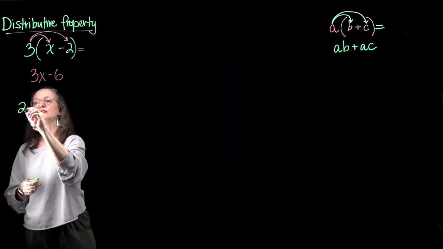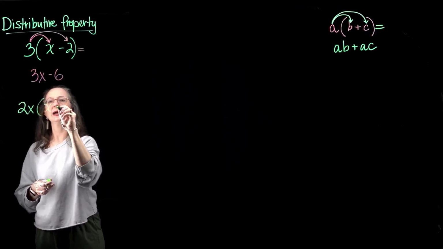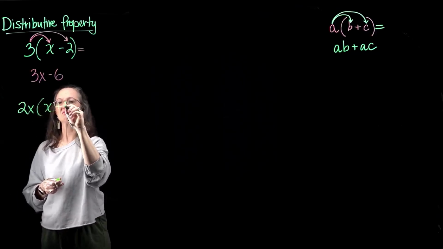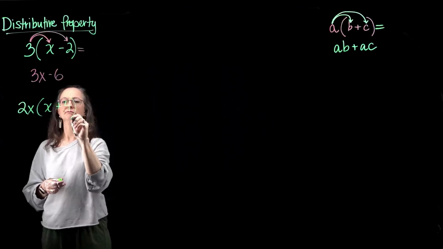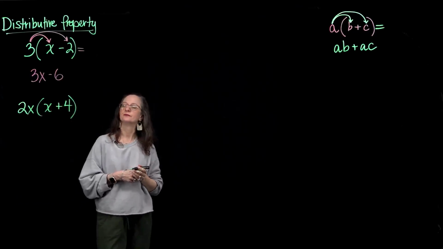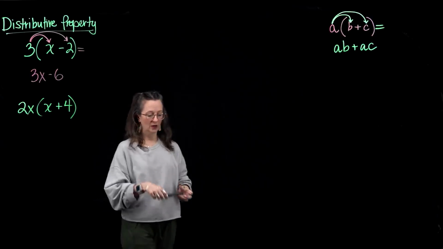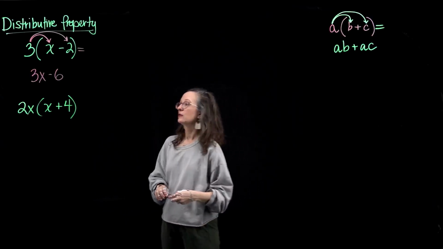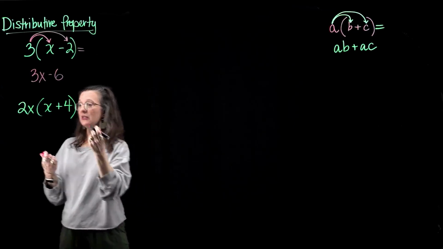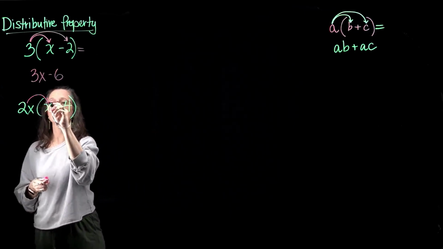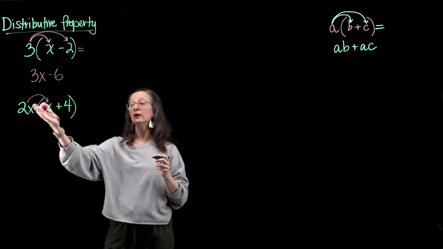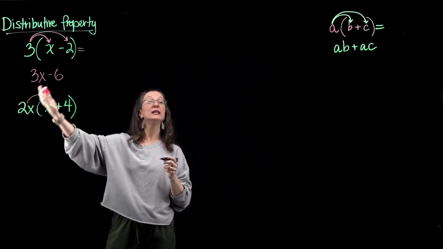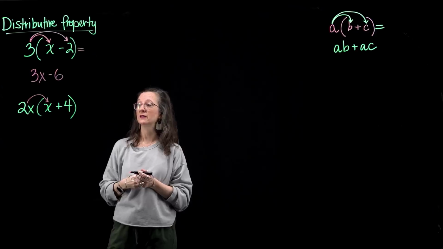If I have 2x multiplied by x plus 4. All right. So again, I always draw the arrows in. I would encourage you to as well, because it helps you remember that it gets distributed to each thing inside that parentheses.